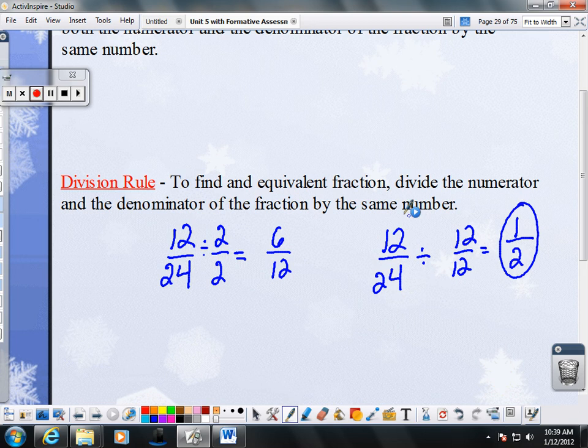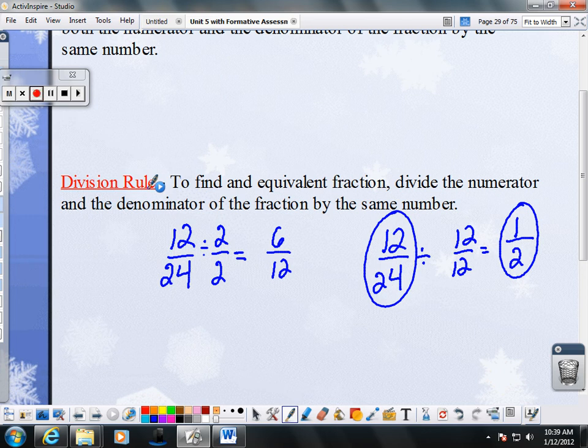So 1/2 and 12/24 are what we would call equivalent fractions. You're going to use this division rule to help with finding equivalent fractions when we are reducing fractions to lowest terms. That, boys and girls, essentially is your video lesson for today.